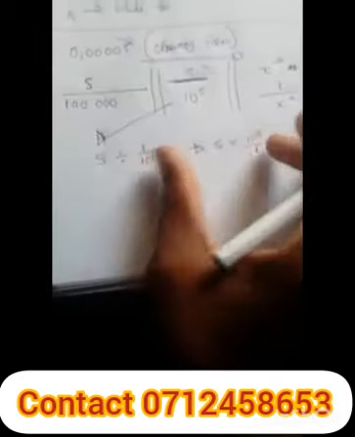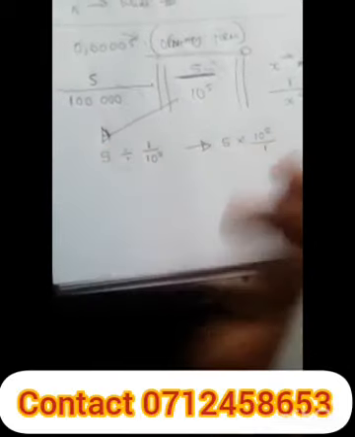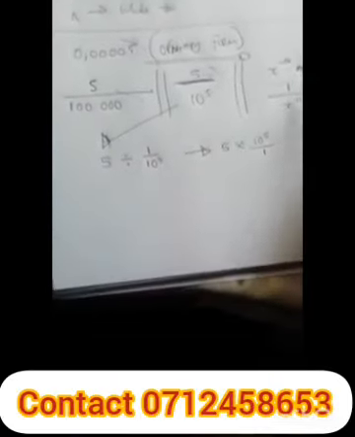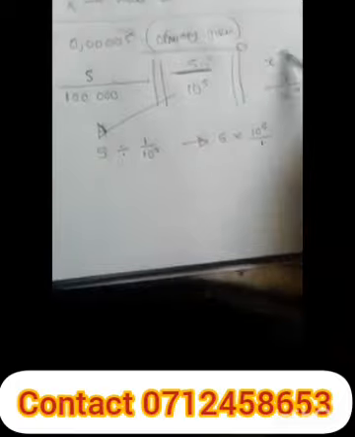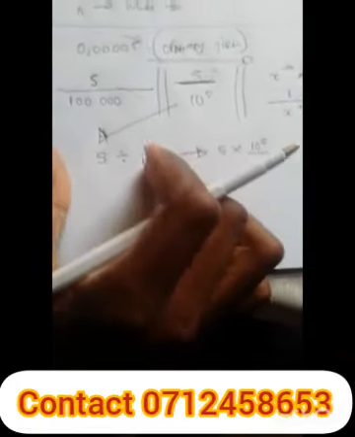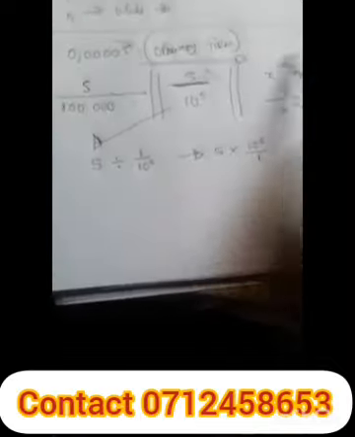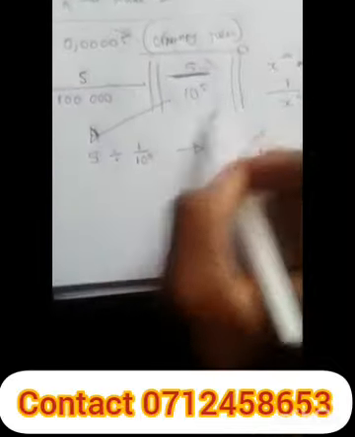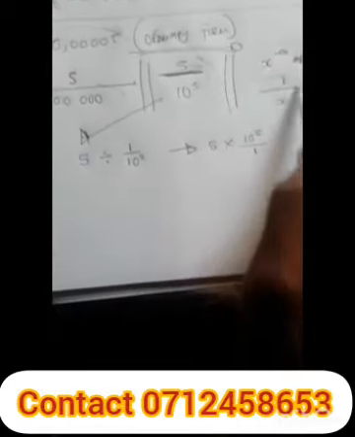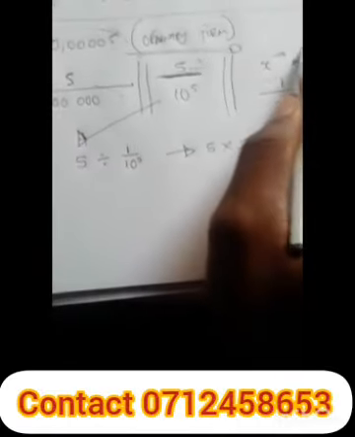Now come back to this concept: here initially we had 10 to the power 5, and there we had x to the power minus a.